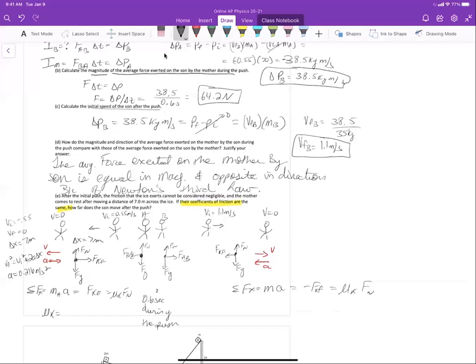Then you can solve for mu k. Mu k is equal to mass of A times the acceleration of A divided by force normal, which is mass of A times g.